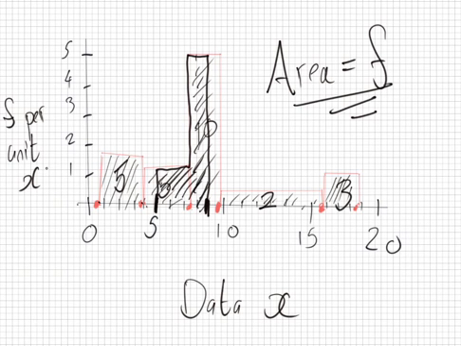So this is the other type of graph you could be asked to draw. There's 2 graphs in the statistics question in the exam. You can be asked to draw a cumulative frequency polygon, or you could be asked to draw a histogram.